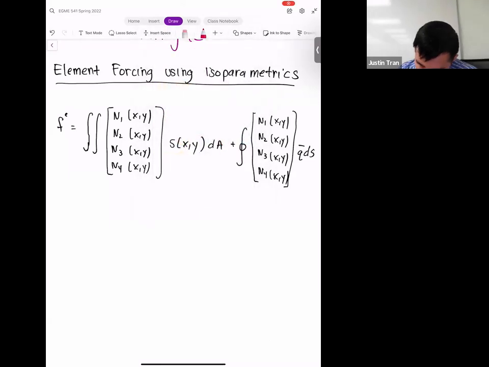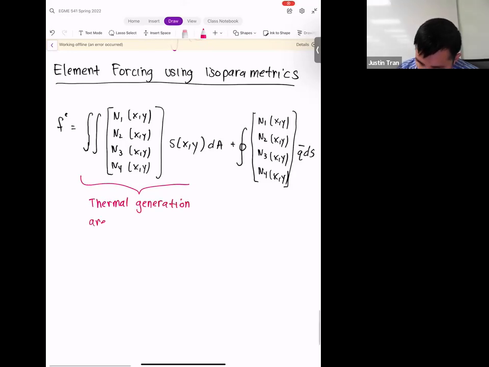And so this right here is our thermal generation, and this is an integral over the area because we have the double integral there. And then this expression right here is our line integral across the Neumann boundary.